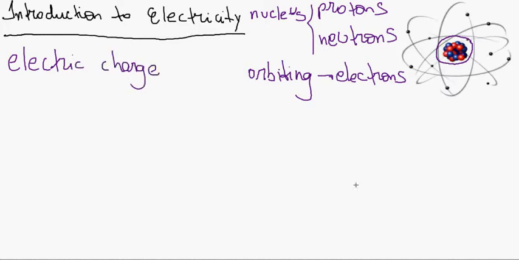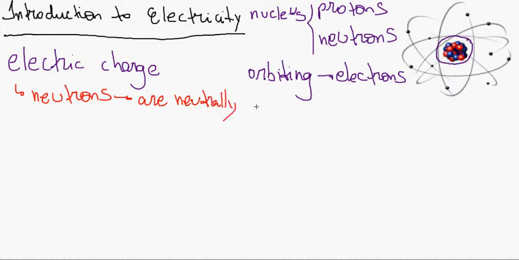And this is a characteristic of protons and electrons. So first of all, let's see neutrons. As the name suggests, neutrons are neutrally charged.